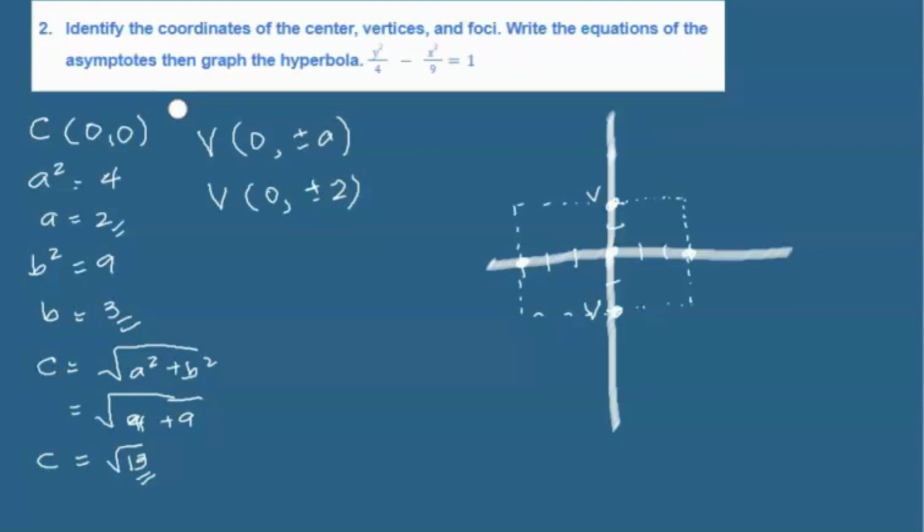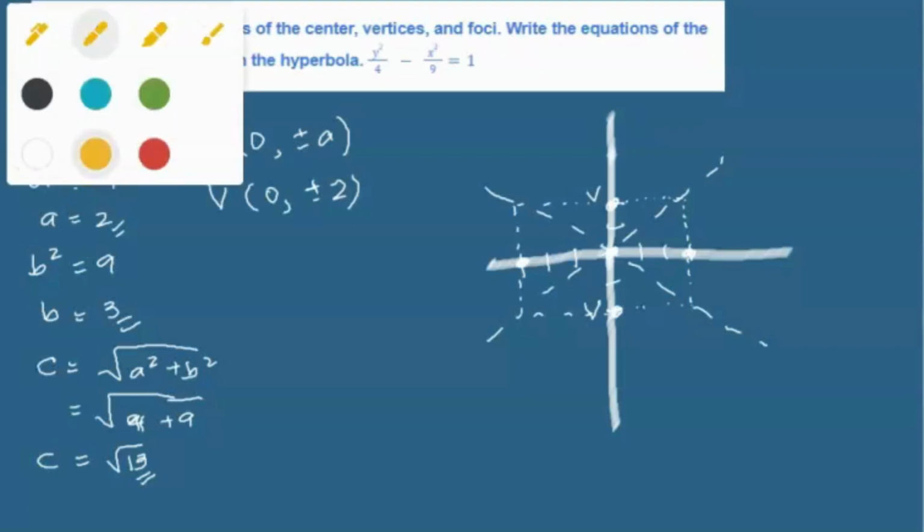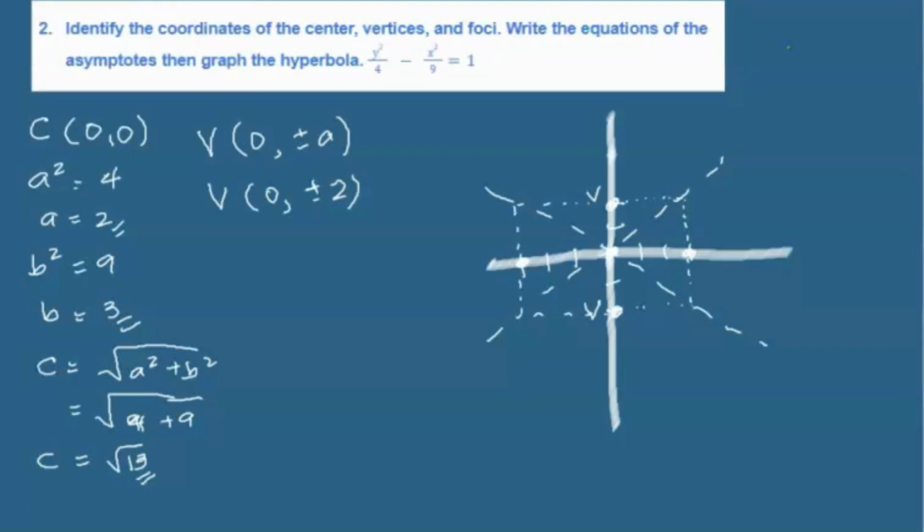Like we said a while ago, our asymptotes are the diagonals of this rectangle. Okay, so our graph would look something like this, and this one is opening downwards.